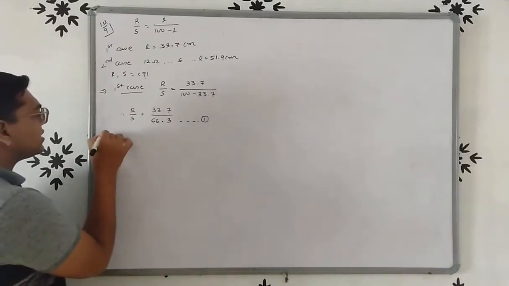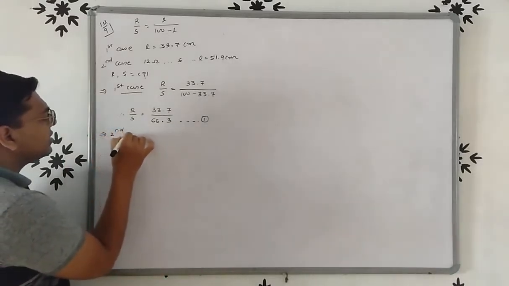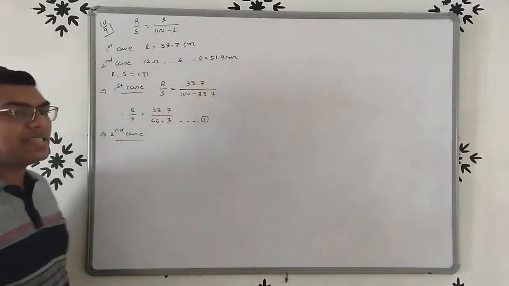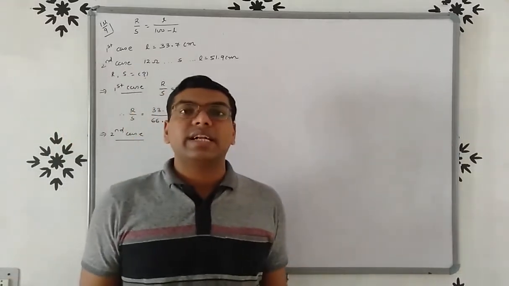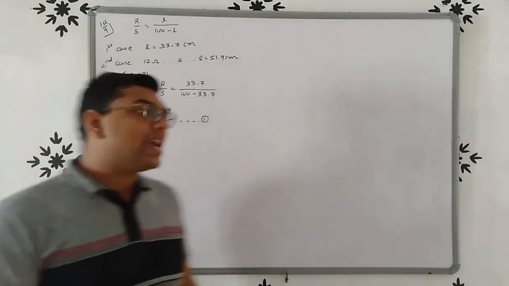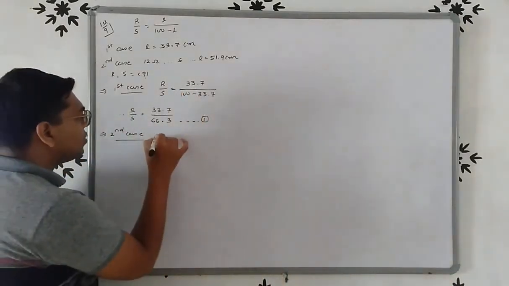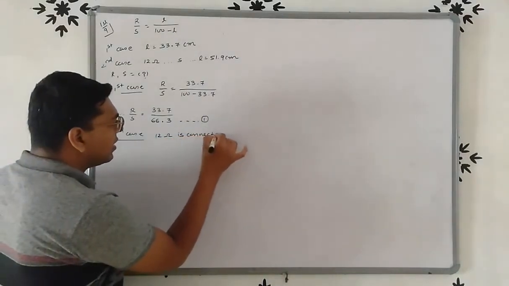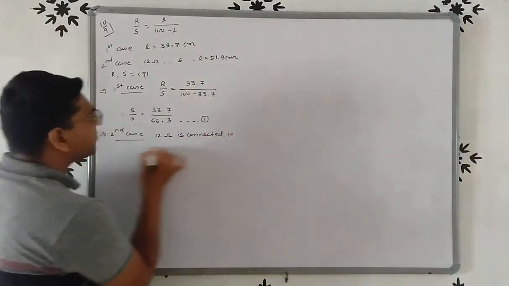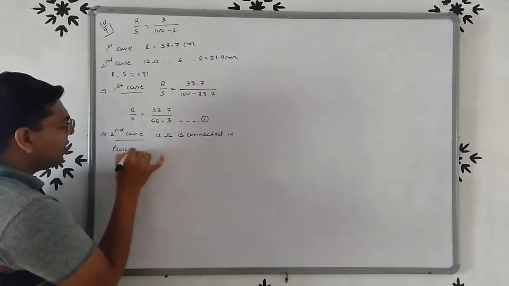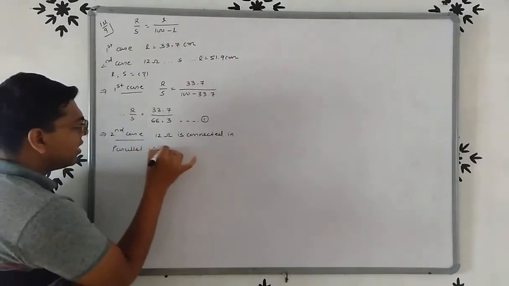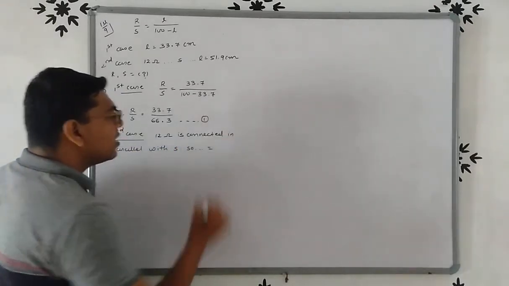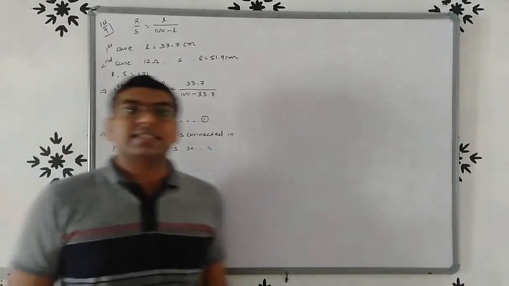Now we discuss the second case. In the second case, a 12 ohm resistor is connected in parallel with S, right? So we know the value of equivalent resistance.